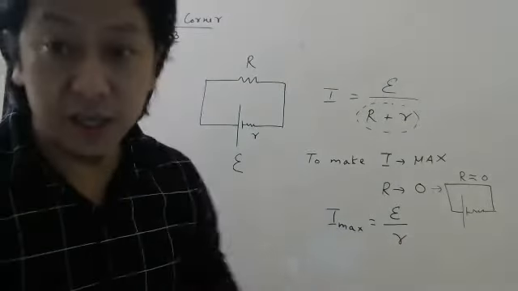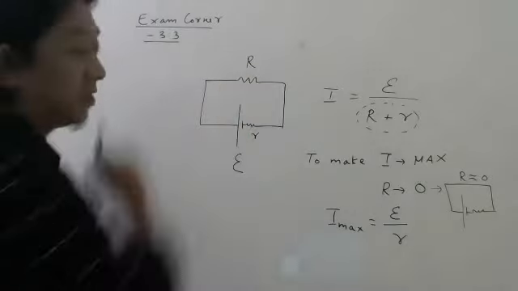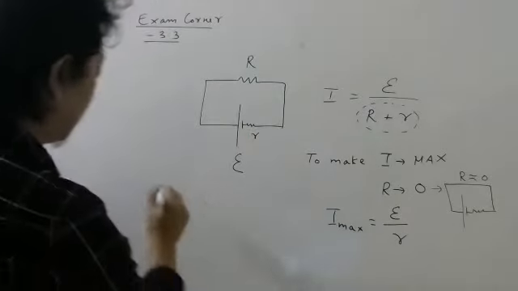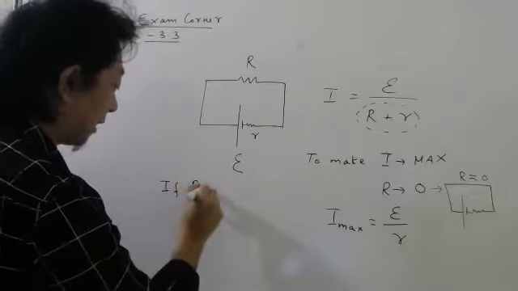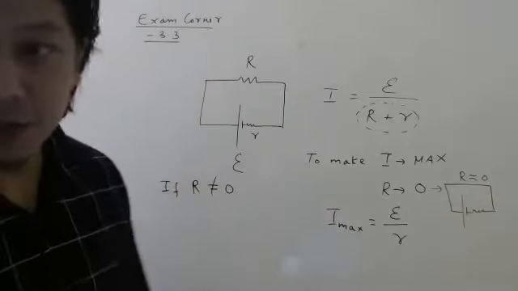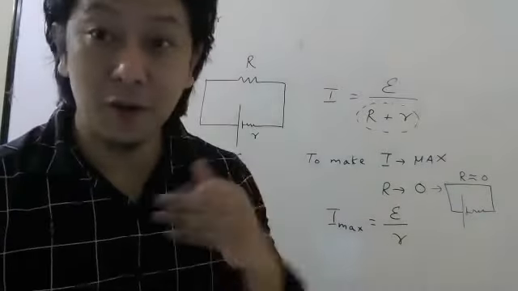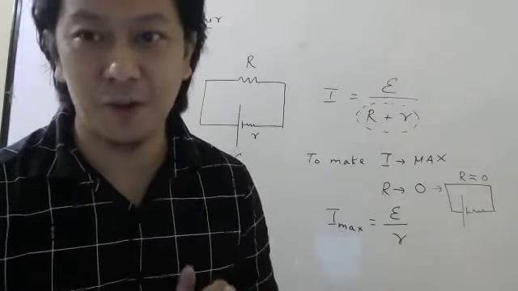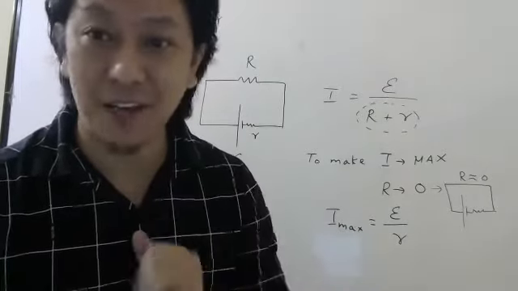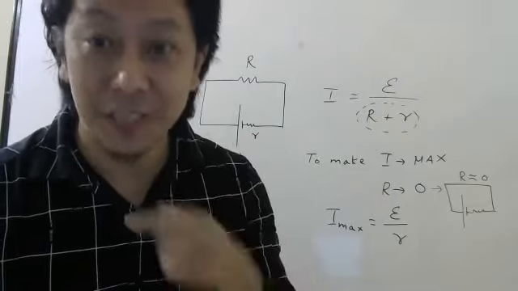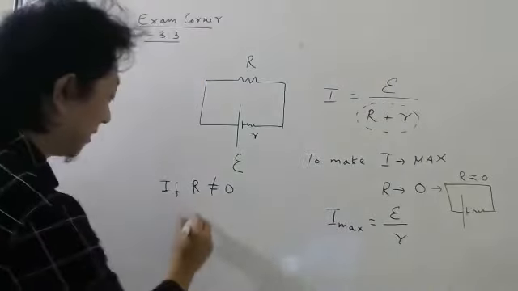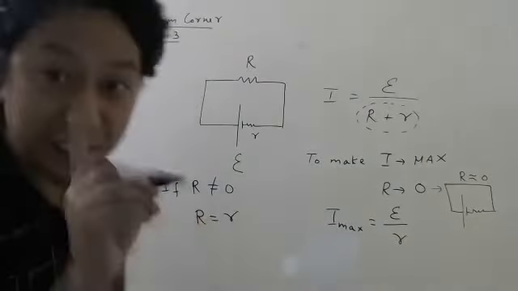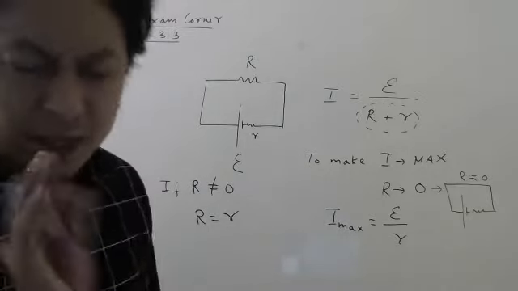Now, if they put a condition that there has to be some resistance, if they say R cannot be 0, then if you remember, you have to deal with the maximum power theorem. In the maximum power theorem, what I told you, maximum power is delivered when external resistance is equal to internal resistance. Please memorize that fact.